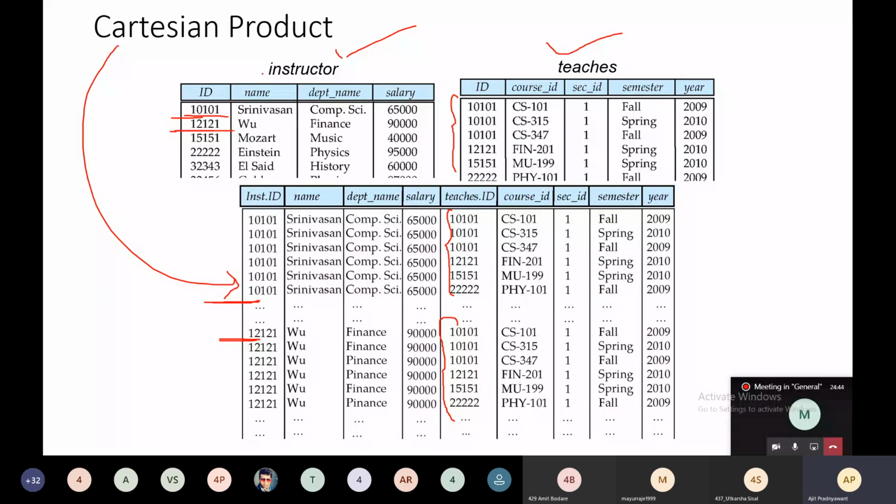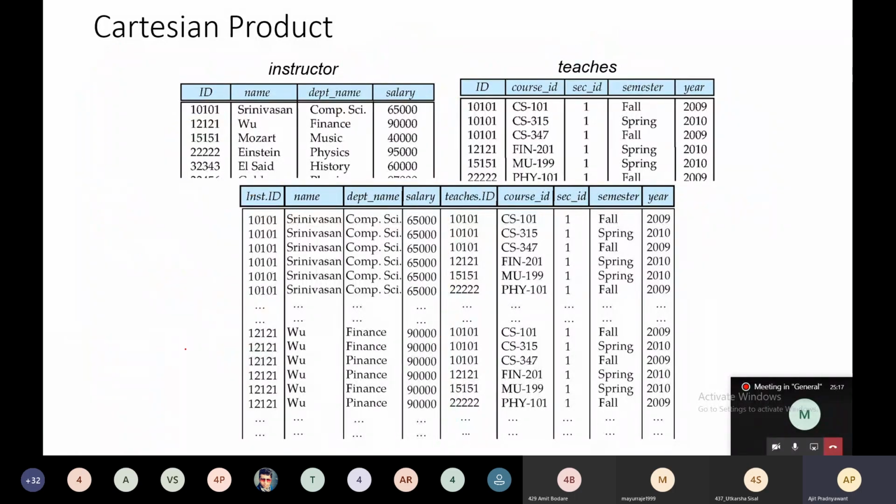So all the attributes of the instructor are present over here, and all the attributes of teaches will be present over here. And the ID attribute is the same in both the relations, and it will be denoted in the Cartesian product as instructor.id, here it is, and teaches.id, it will display over here. And this is called the Cartesian product.